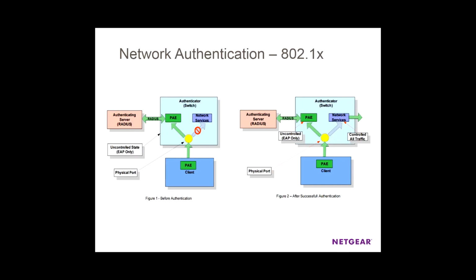Normally, you go to the switch, connect the device to the network port, and automatically you get your network connectivity. You just plug it and it works. You don't do any extra security check to make sure that this device is authenticated.